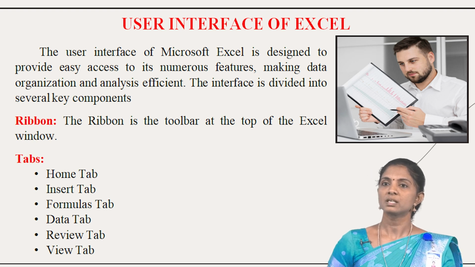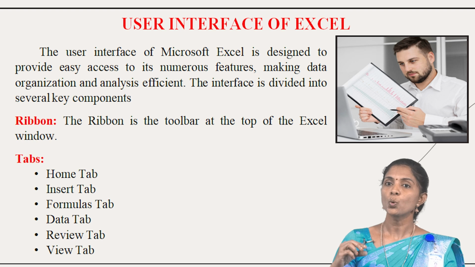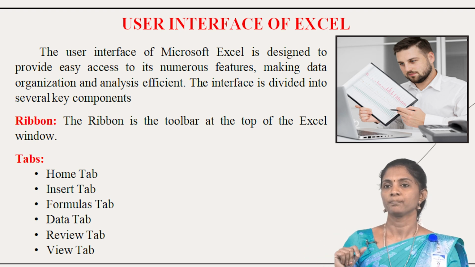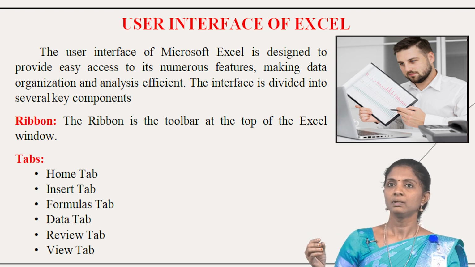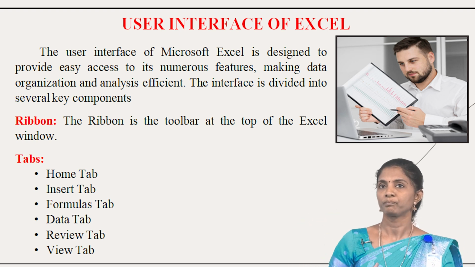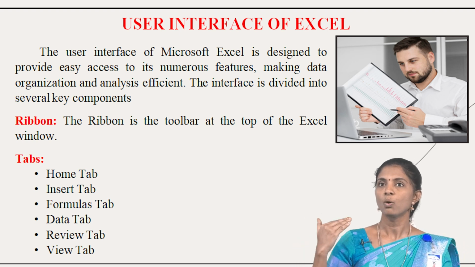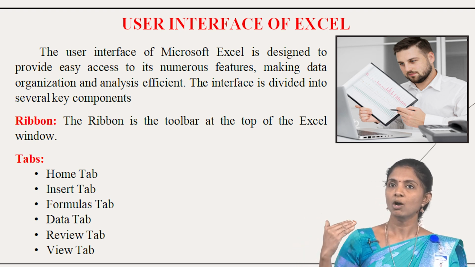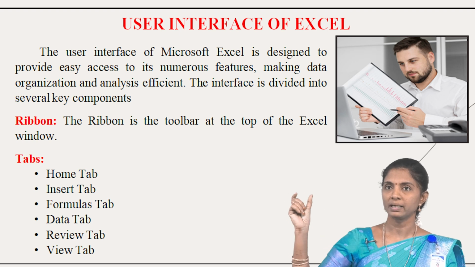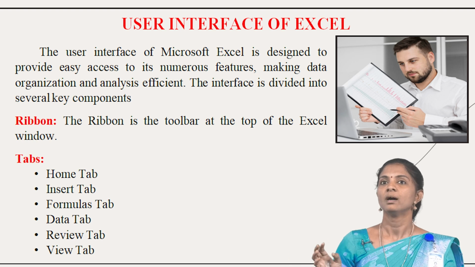The ribbon is divided into several tabs, each containing a group of related commands, for example, Home tab, Insert tab, and Formulas tab. We explain one by one the different types of tabs. First one is the Home tab. Basic operations like formatting, alignment, and clipboard actions, like copy and paste options.